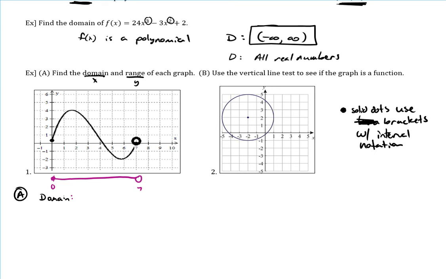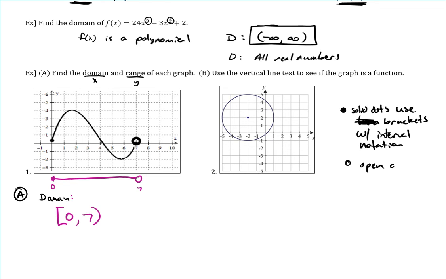So we will start this at 0. Let me put my bracket down. So 0, telling us where it starts, including 0. And then we read it to the right, so it's going to end at 7. Open dots will get a parenthesis like that.